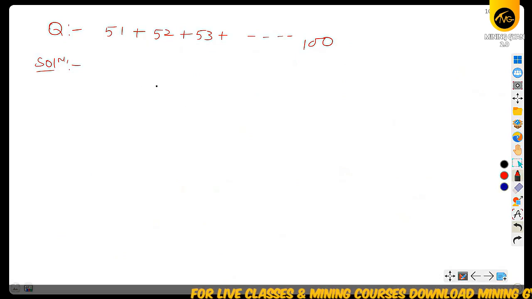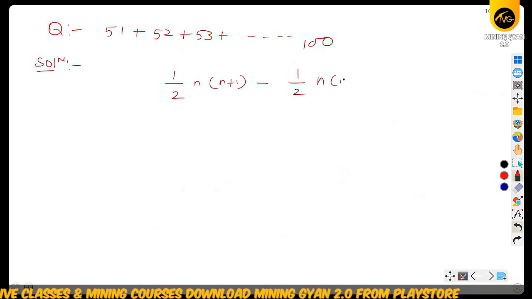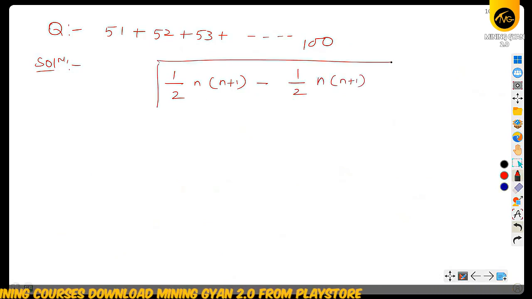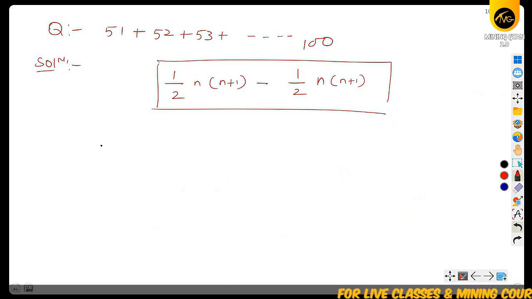That's why you have to modify the formula like this: 1 divided by 2 n into n plus 1, now minus 1 divided by 2 n into n plus 1. The formula is the same. Basically you just subtract the sum of all the natural numbers before 51, that is up to 50.